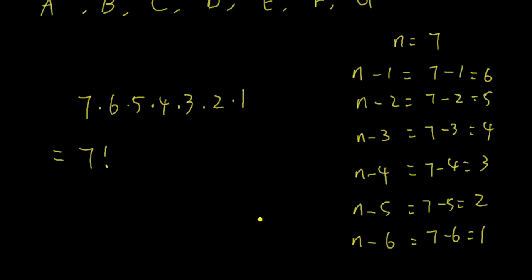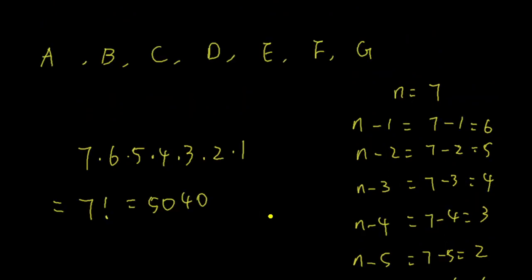Seven factorial is equal to 5040. So now, if you have to arrange all these 7 letters, then you have 5040 ways to arrange this.